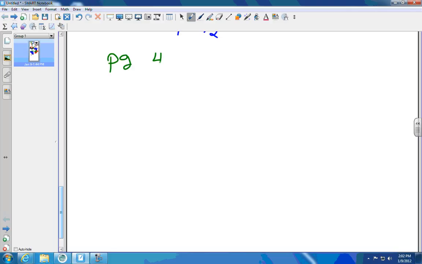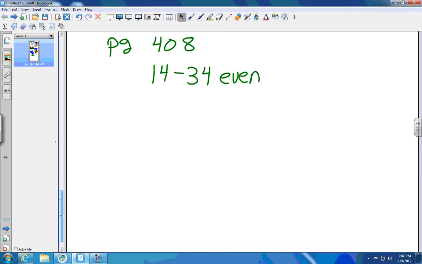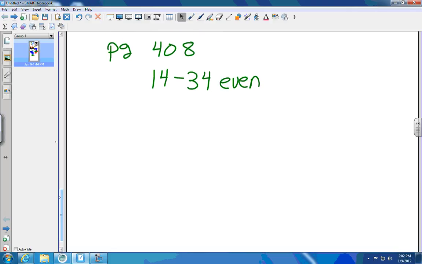So page 408, 14 through 34, even. Again, don't follow the directions on 14 and 16. Just solve and find the point, just like we did in all those examples.